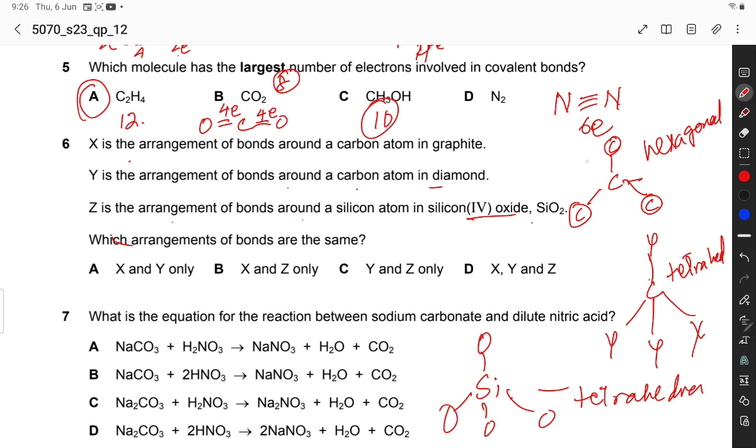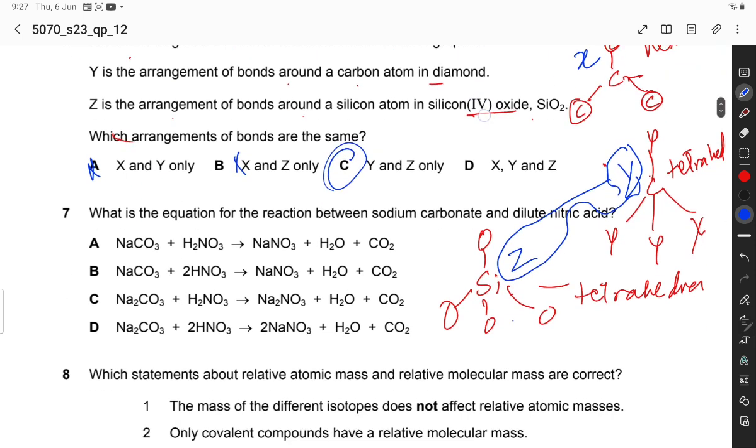So this is Y, this is Y, this is X, and this is Z. So Y and Z have the same arrangement, because in this case tetrahedral and in this case tetrahedral. So Y and Z are the correct option.